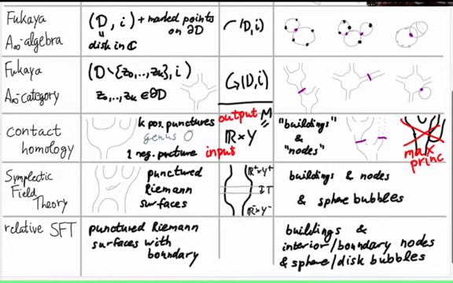Now your nodes are either in the interior or on the boundary. And similarly, you can have sphere bubbles or disk bubbles. And I think this is really an area where the abundance of bubbles here, in particular the boundary nodes and disk bubbles, really make it pretty unclear what the algebraic formulation should be.